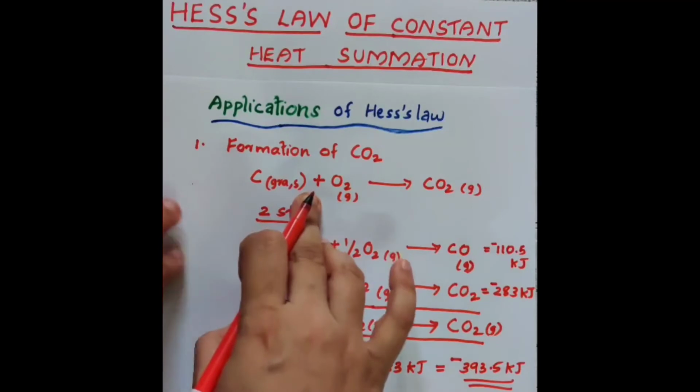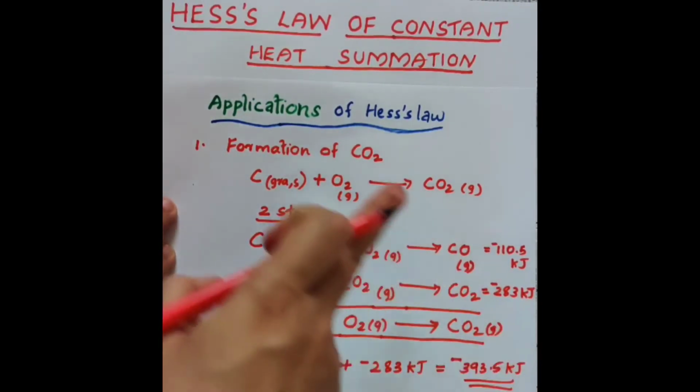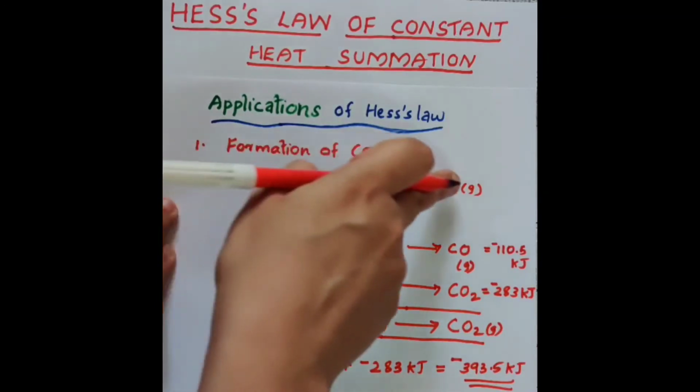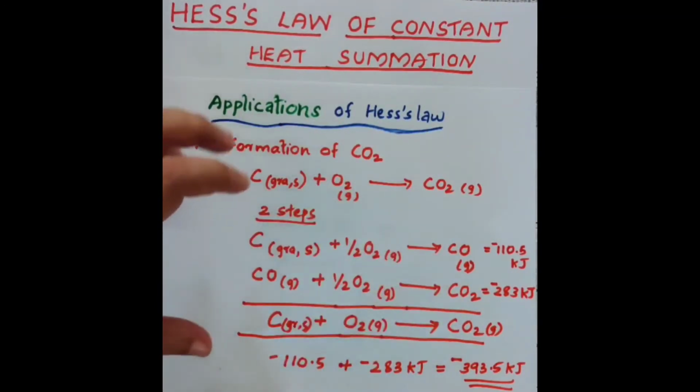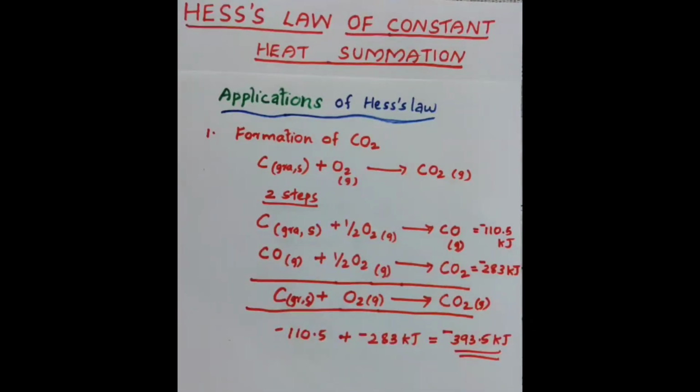That is the overall enthalpy change for this reaction. Here we added the chemical equations. That is the second application of Hess's law: chemical equations can be added, subtracted and multiplied or divided with suitable numbers, just like algebraic equations.